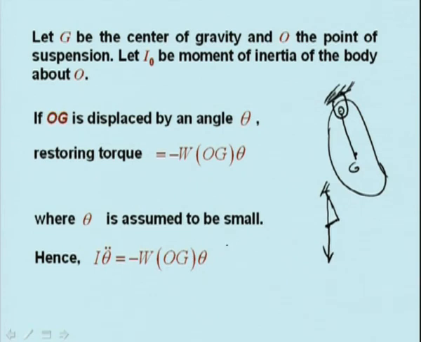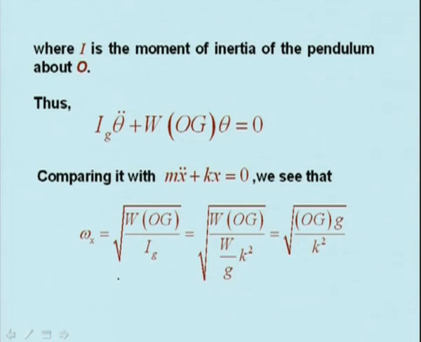Theta is assumed to be small, hence I theta double dot is equal to minus W OG theta, where I is basically I0, that means it is about the point O which is suspended here. Therefore I is the moment of inertia of the pendulum about O.